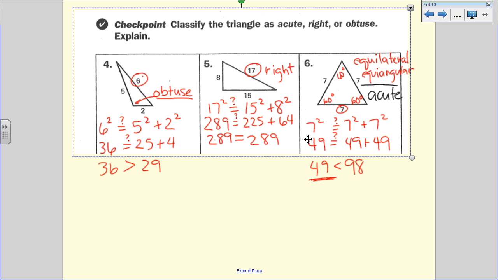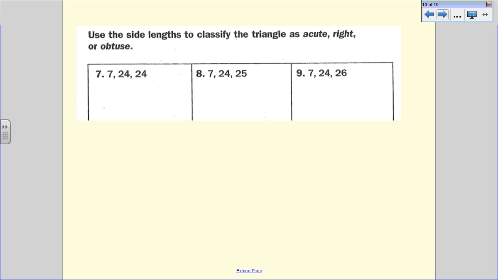But what we can see, guys, is all of our geometry is blending together here, giving us multiple ways to prove things. So it's giving us multiple opportunities to prove our statement. We can use this Pythagorean theorem converse to classify our triangles, or we can use what we know about equilateral, equiangular triangles.